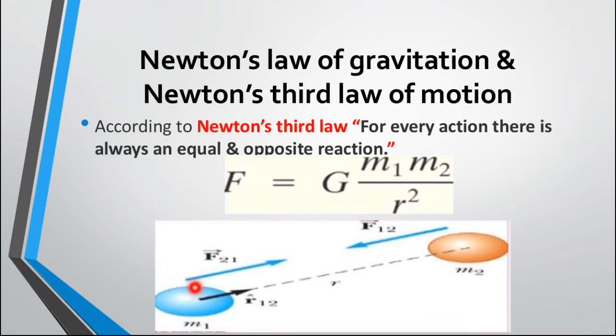If the force from m1 is considered as an action, then the force from m2 will be considered as a reaction, which is equal in magnitude but opposite in direction. This is consistent with Newton's third law of motion.